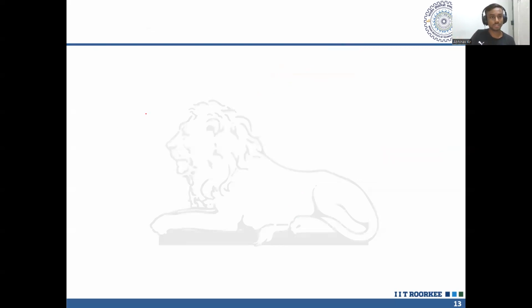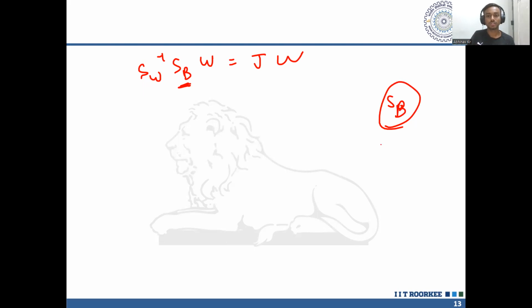I want to explain further about that. Previously we derived that SW inverse SB W is J times W. Now, what is SB? SB is the between-class matrix. Now consider two classes which have means mu1 and mu2.